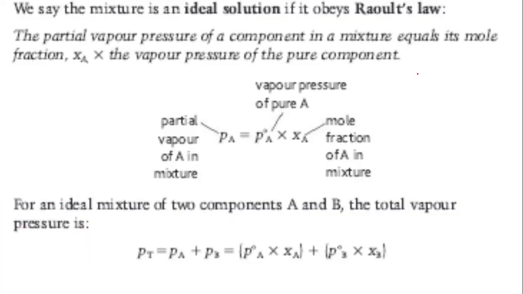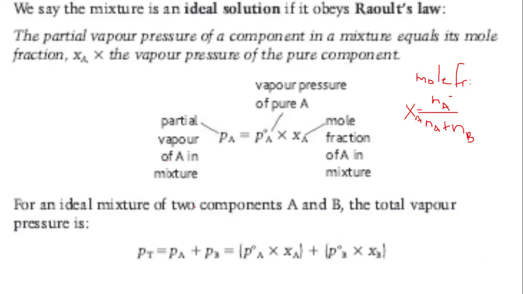So mole fraction would be equal to the number of moles of A divided by the total number of moles, which would be the number of moles of A plus the number of moles of B. Okay, so that is mole fraction. That would be XA. Okay, so that's Raoult's law.